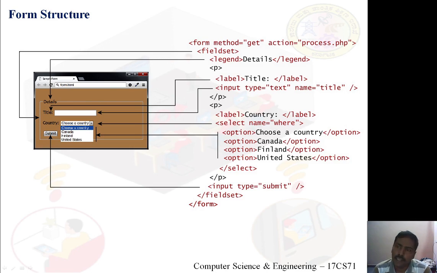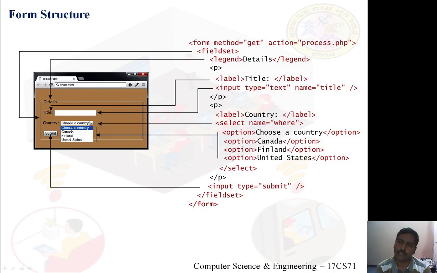And there's one more attribute known as action. Now, action equals process.php. I mean, in your Gmail login page, once you enter your user ID and password and click submit, after validation at client side, your user ID and password is sent to whom?